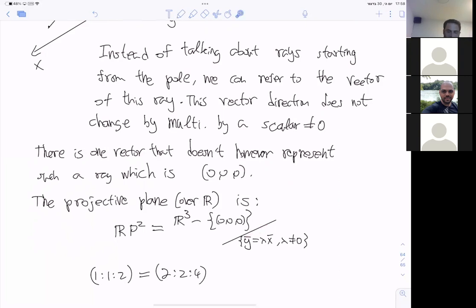When you do this quotient, you identify all directions that differ only by a scalar multiplication. For me, it's the same element.